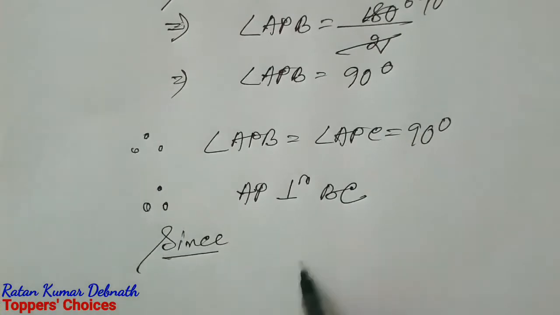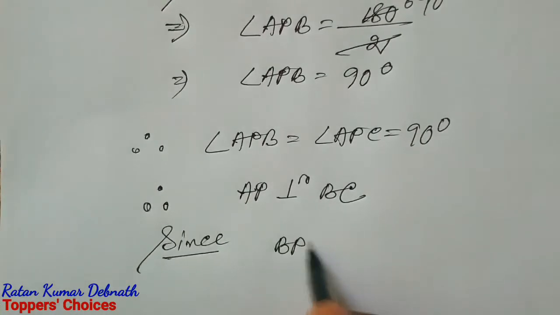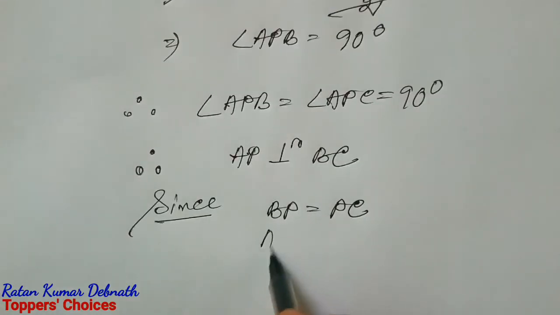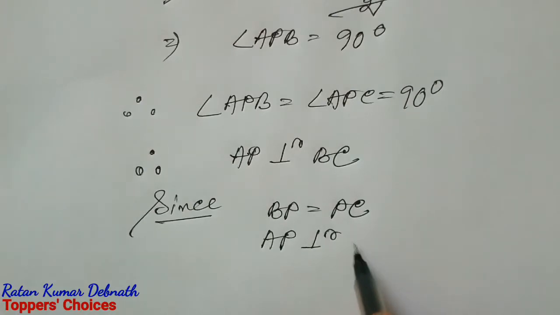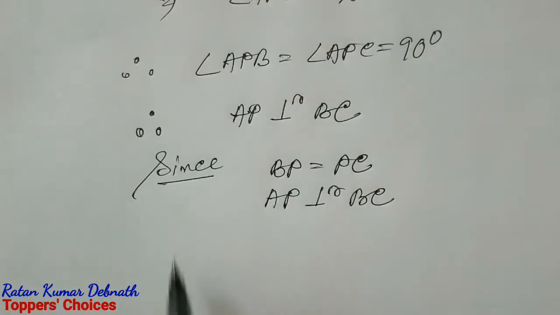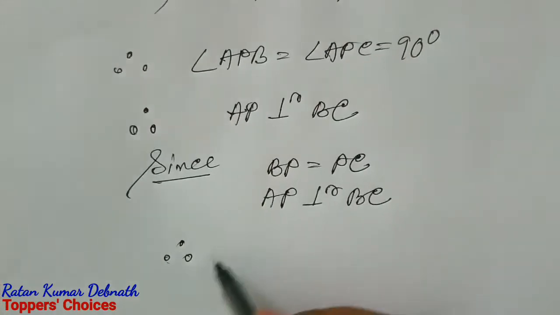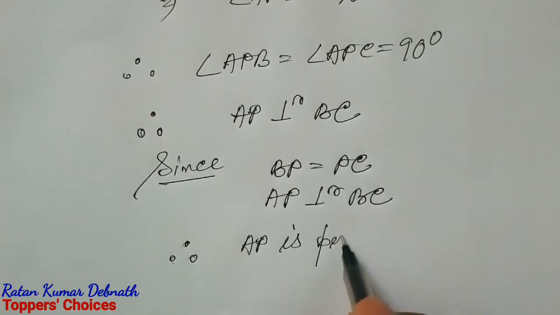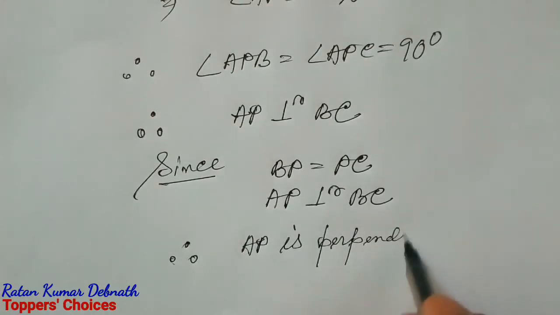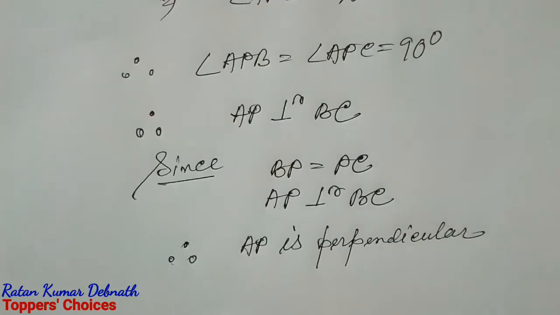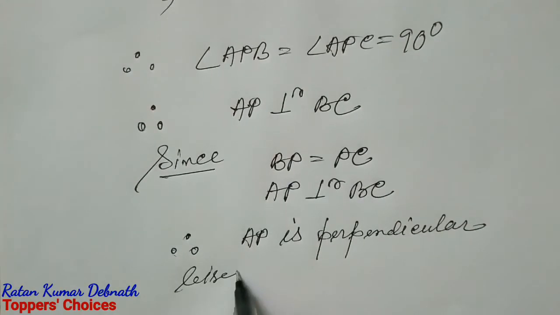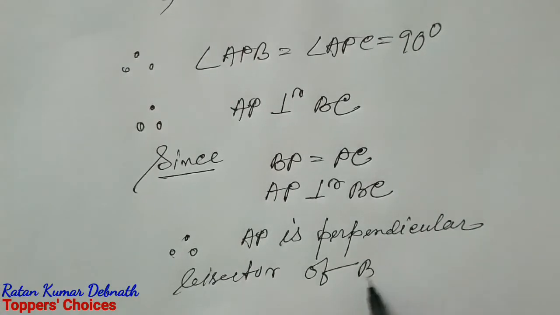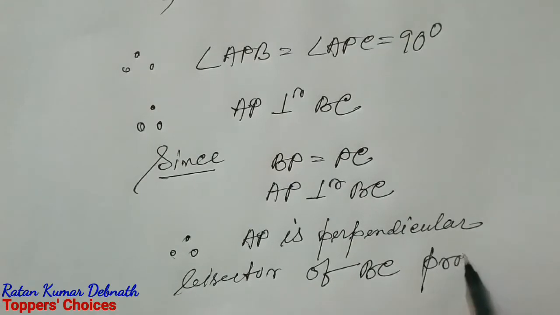Since BP equals PC proved earlier and AP is perpendicular to BC, therefore AP is the perpendicular bisector of BC, proved.